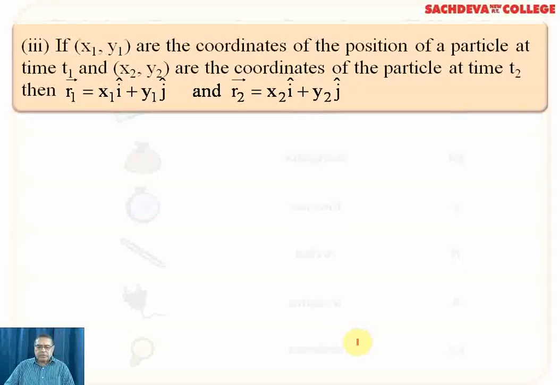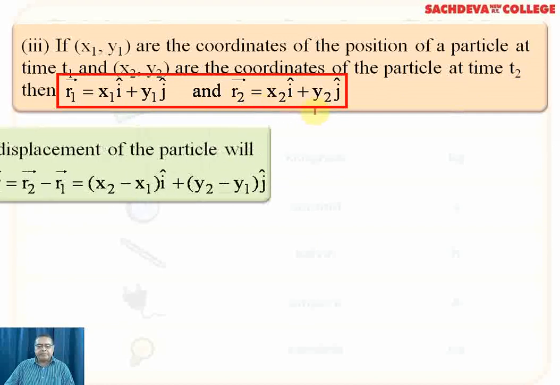Now, the third point is that if x1, y1 are the coordinates of the position of a particle at time t1 and x2, y2 are the coordinates of the particle at time t2, then the position vector r1 is given by x1i + y1j, and the position vector r2 is given as x2i + y2j.